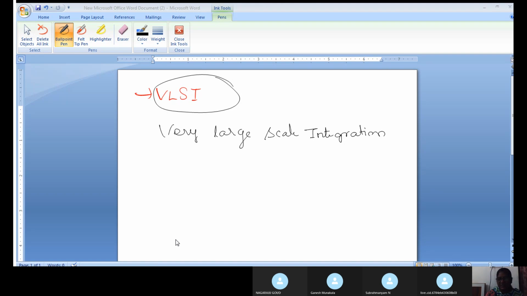When the components are integrated on a very large scale, that is called very large scale integration. Actually, what are these components? Let us suppose this is the platform. On this platform, I am integrating many active and passive components.